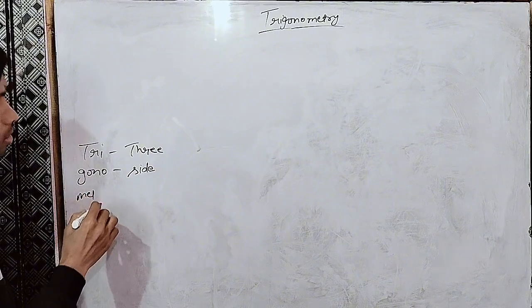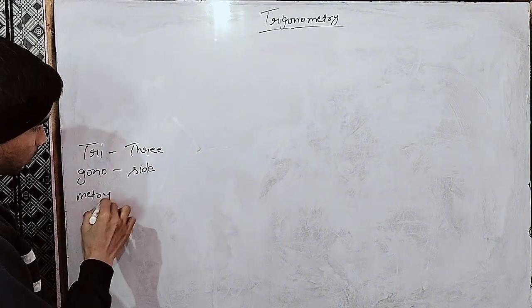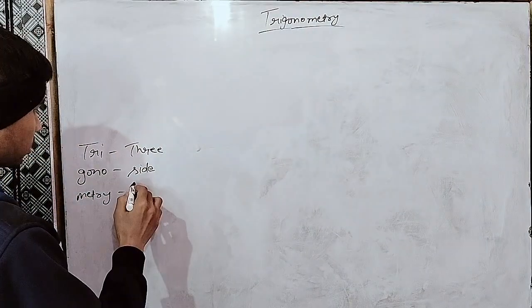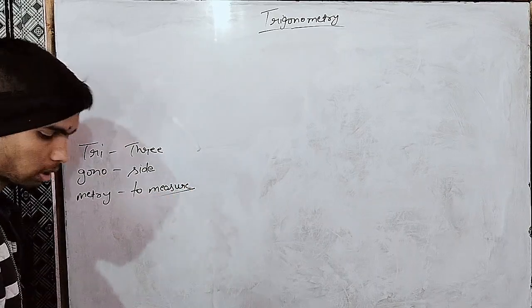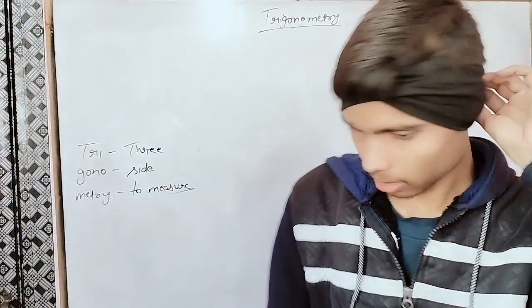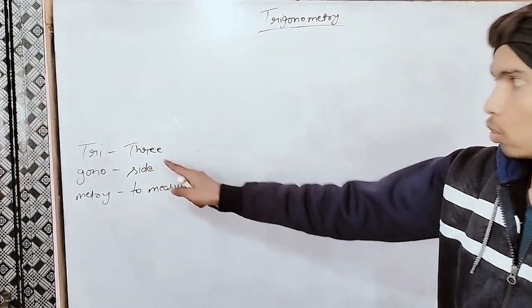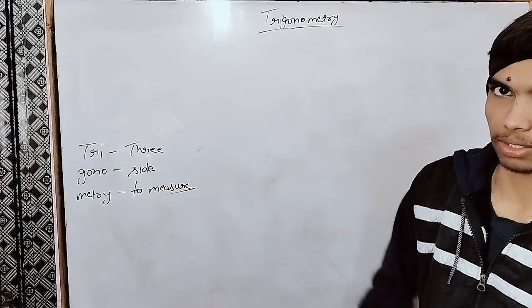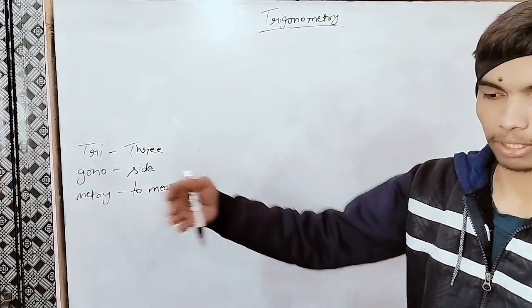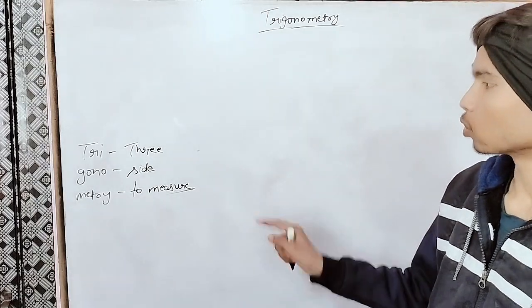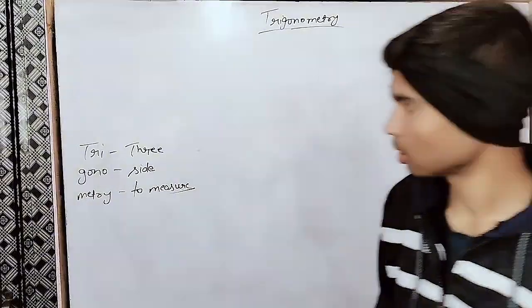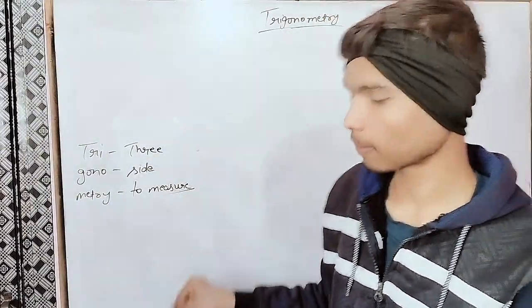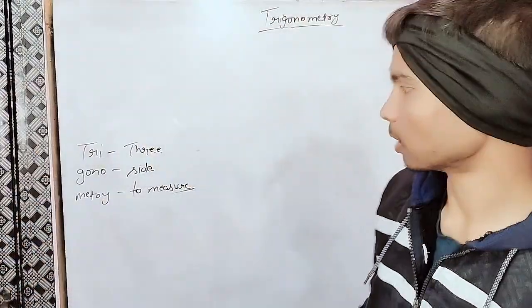And "metry" means to measure, measuring something. So we measure three sides at different angles. In this lecture we will discuss this in detail. We understood the meaning of trigonometry.